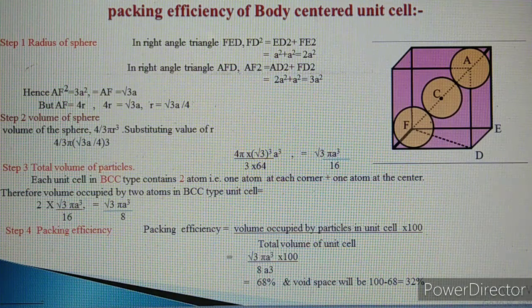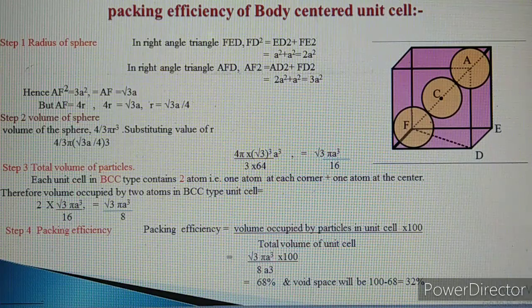So step number 3. In step 3, we will find the total volume of particles, or total volume of spheres. As we know, each unit cell in BCC type, body centered cubic type cell, contains 2 atoms. That is, one atom at each corner and one atom at the center.